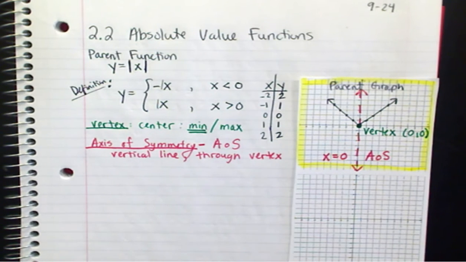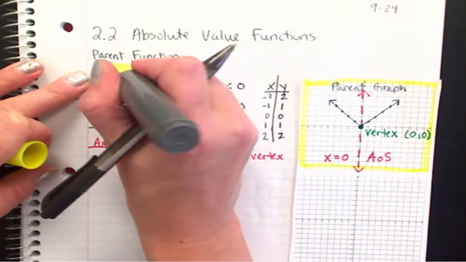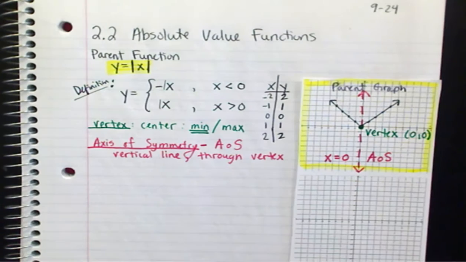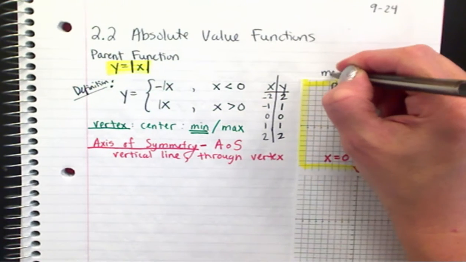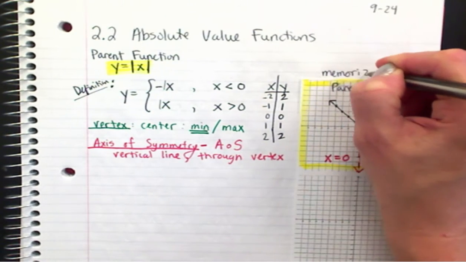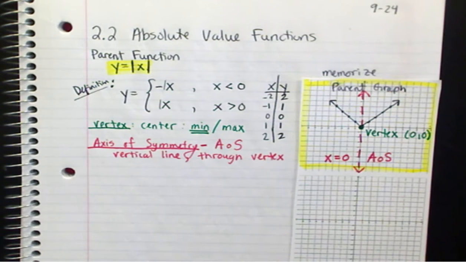This is your new parent function. The reason you have to memorize it is because we graph by transformations in Algebra 2. Up, down, right, left, stretch, reflect. Same words you did a couple weeks ago.